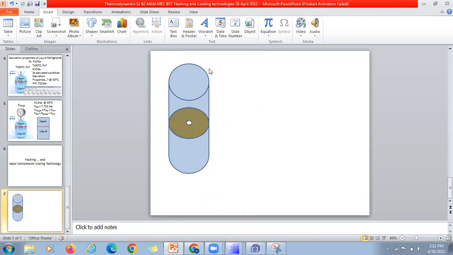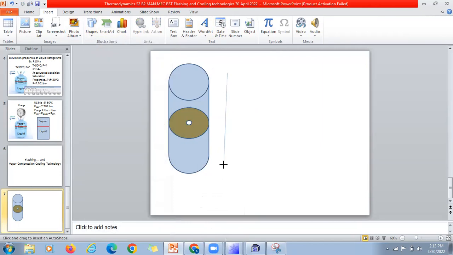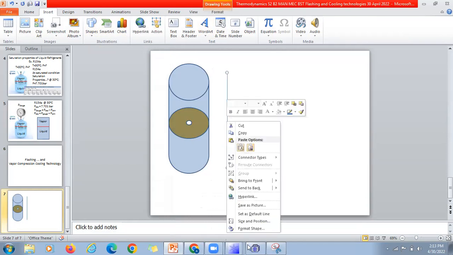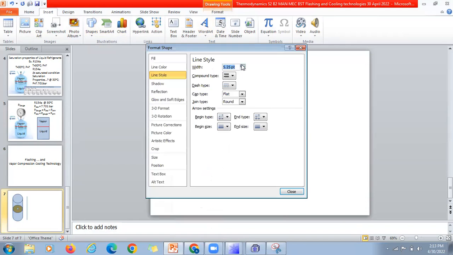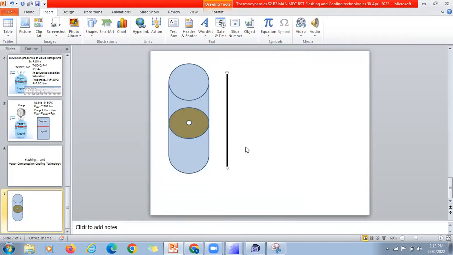If I draw this way, a cross section maybe.